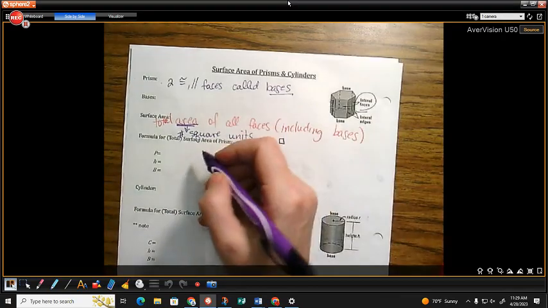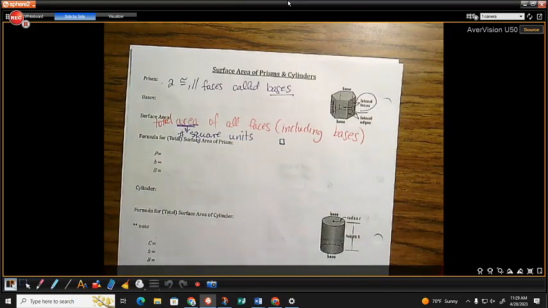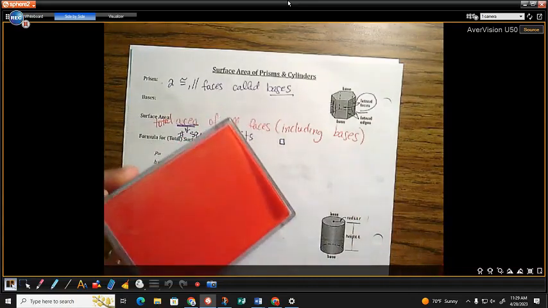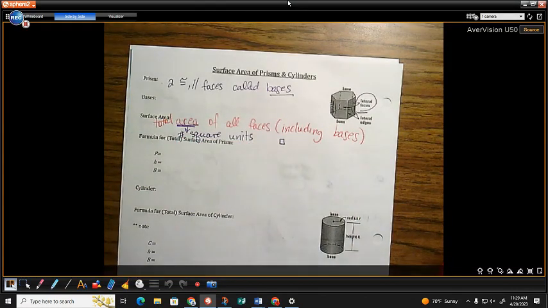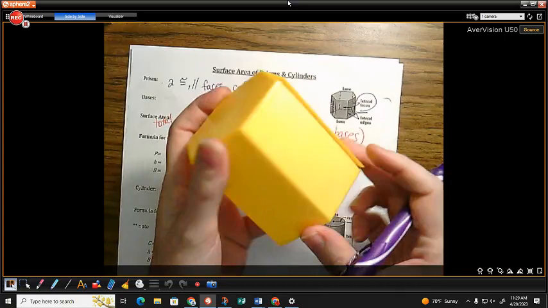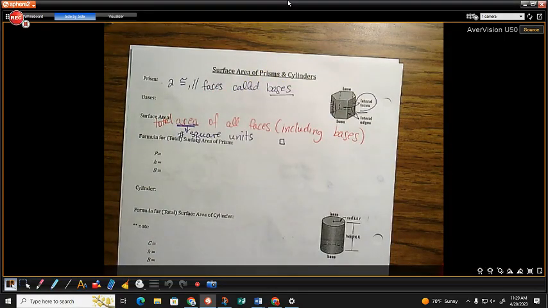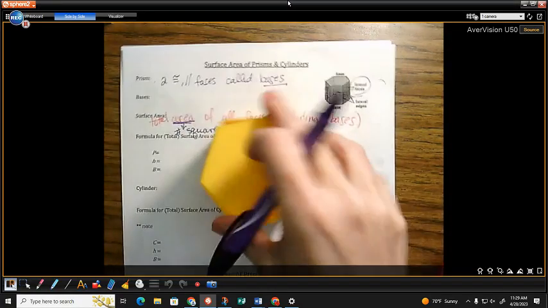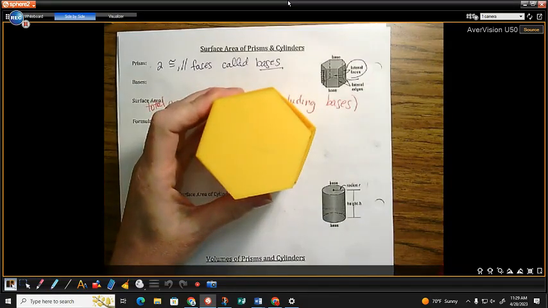And so how do I get the surface area of a thing then? If I want to know what all the surfaces are on this, how am I going to do it? What do I find the areas of? Yeah, but a formula doesn't tell me anything. I need words. If I've got this prism, what kind of prism is this one? It's a hexagonal prism.